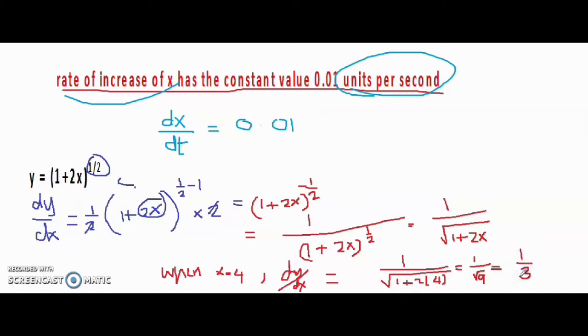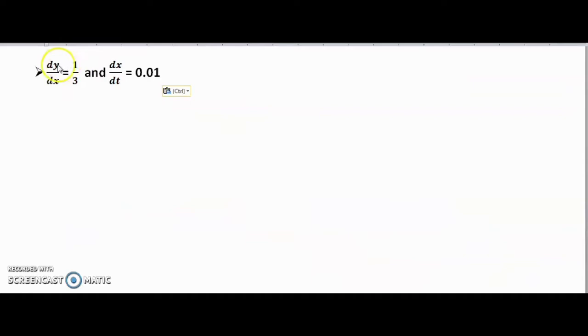So dy by dx is 1 by 3 and dx by dt is 0.01. Hence we can find the rate of change of y as dy by dt is equal to dy by dx multiplied by dx by dt.